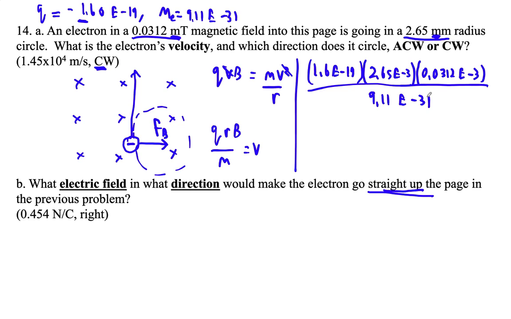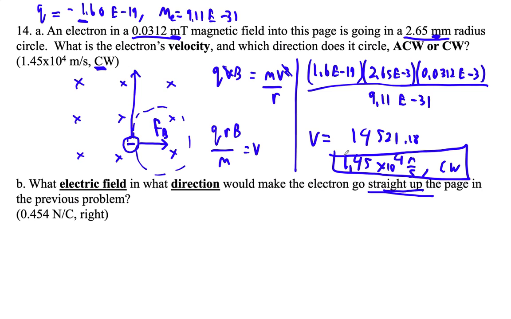And I get that our velocity is 14521.18, something or other. So correctly, we would write 1.45 times 10 to the 4th meters per second, and it's going to go clockwise.